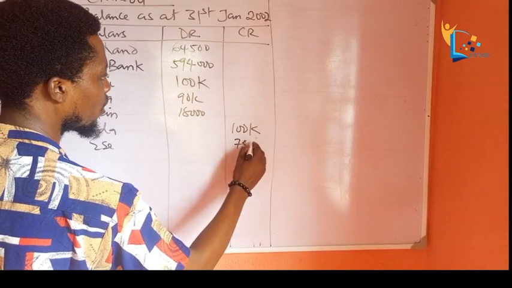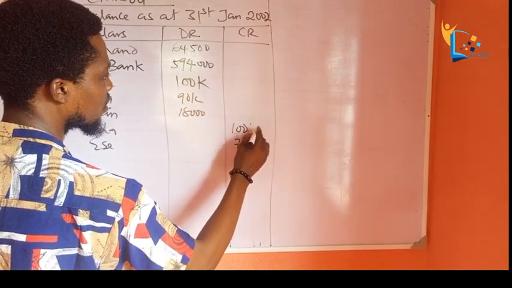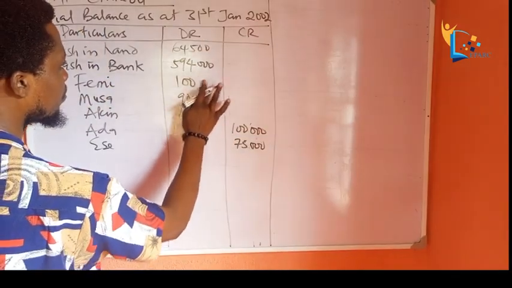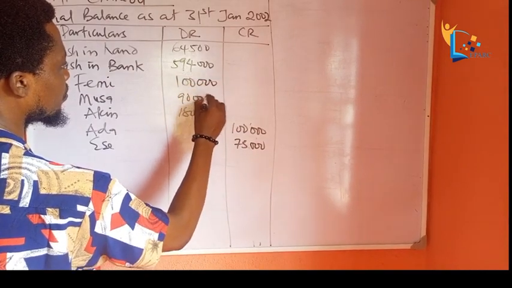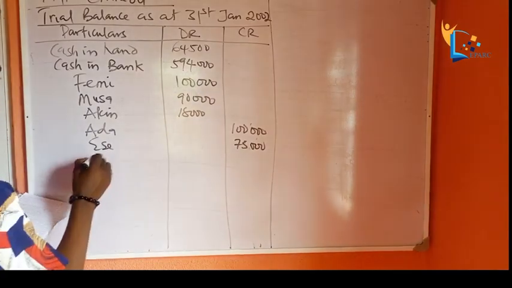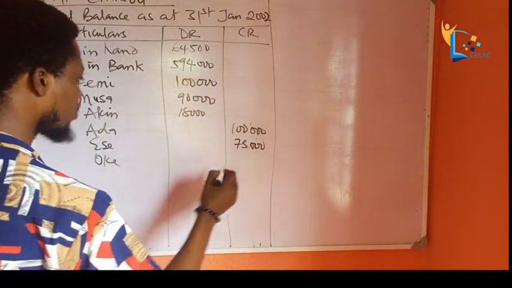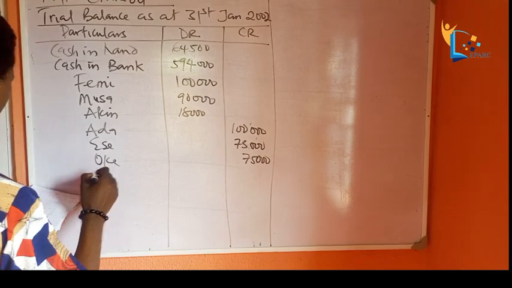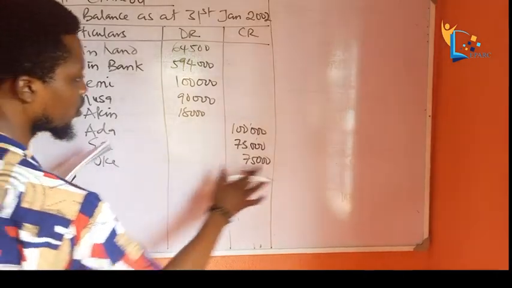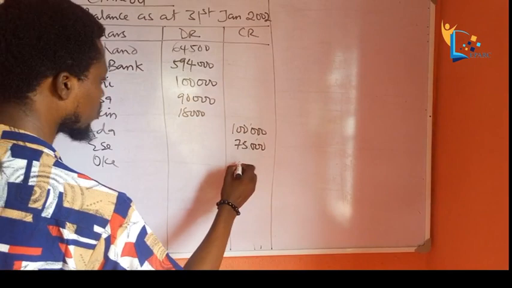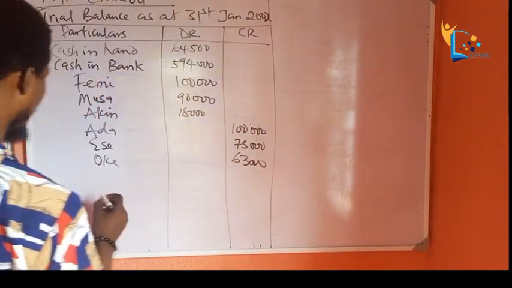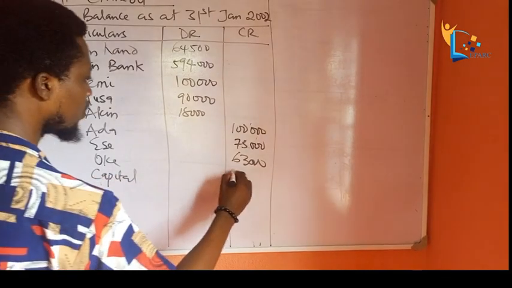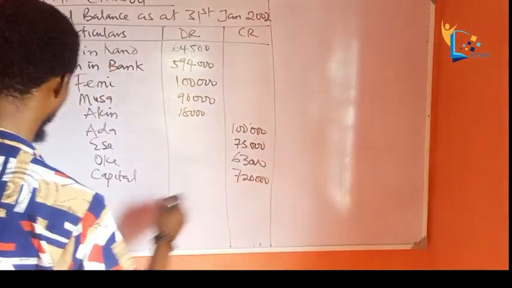Let me use full, since we have enough space. Then we have 63,000. Then capital. Capital is a liability, 20,000.